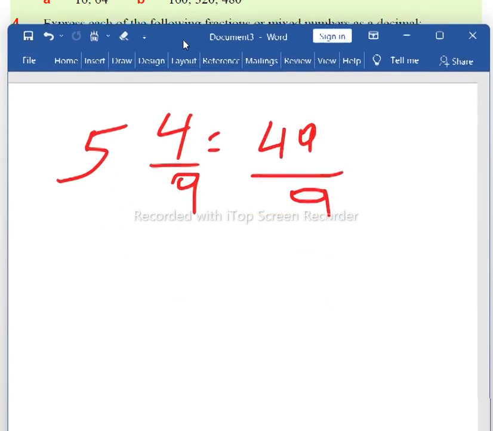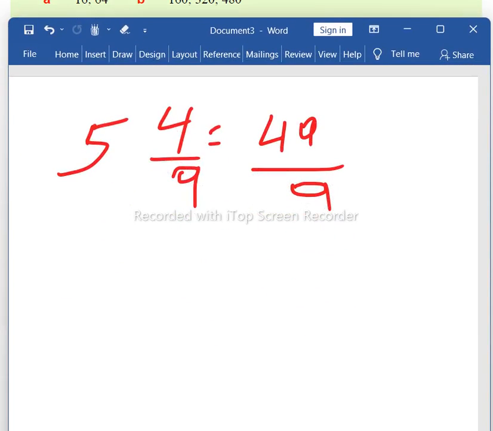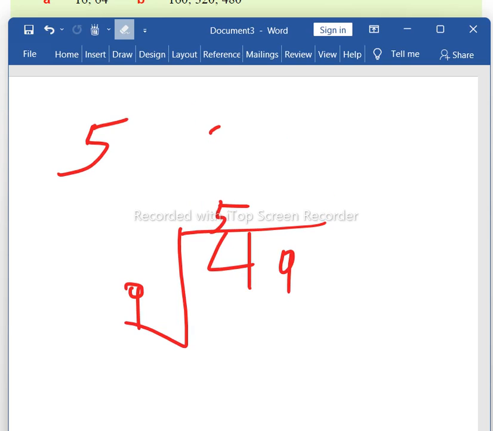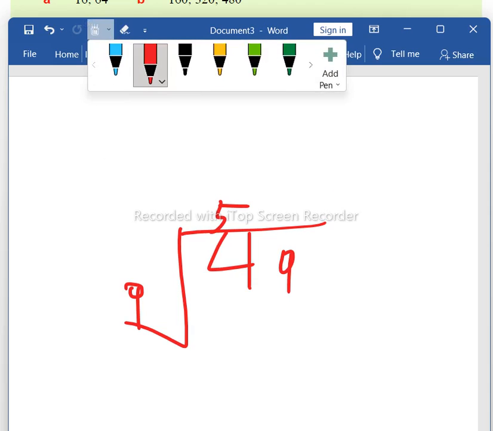This is a fraction number. Let us change this to decimal. We have to divide 49 by 9. 5 times 9 is 45.